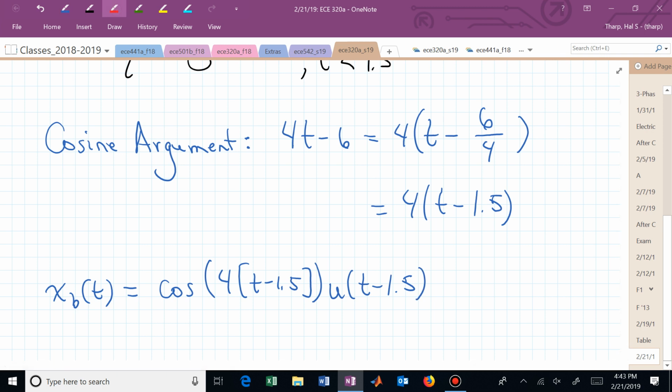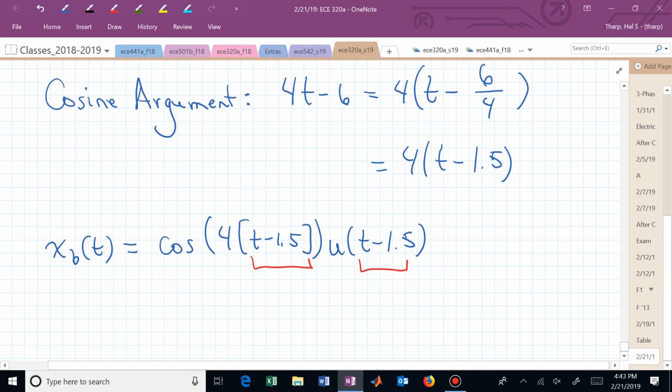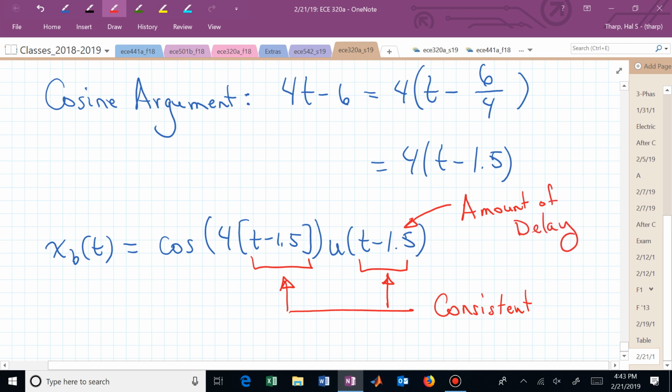And the key observation is to realize that the delay, when we turn this cosine on, is consistent with where this cosine is actually starting its maximum value. So these arguments are consistent. And this 1.5 is in fact the amount of the delay.